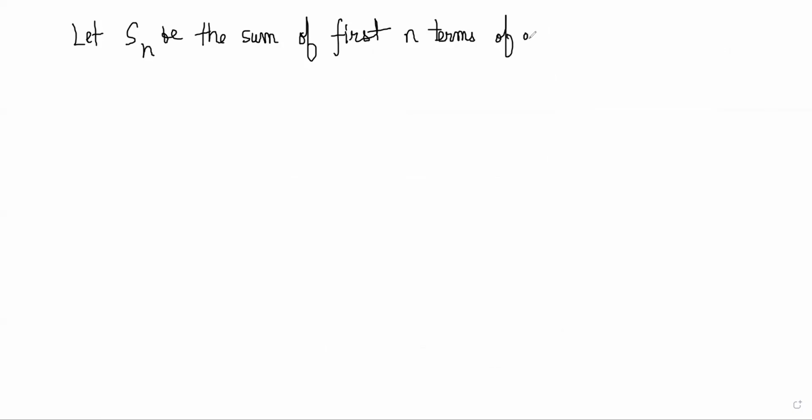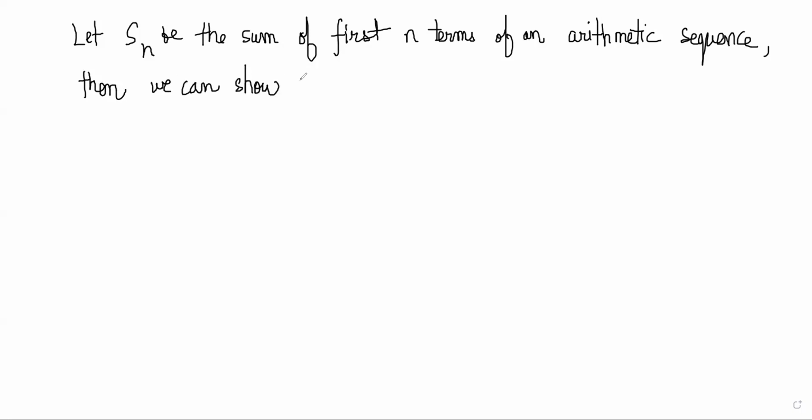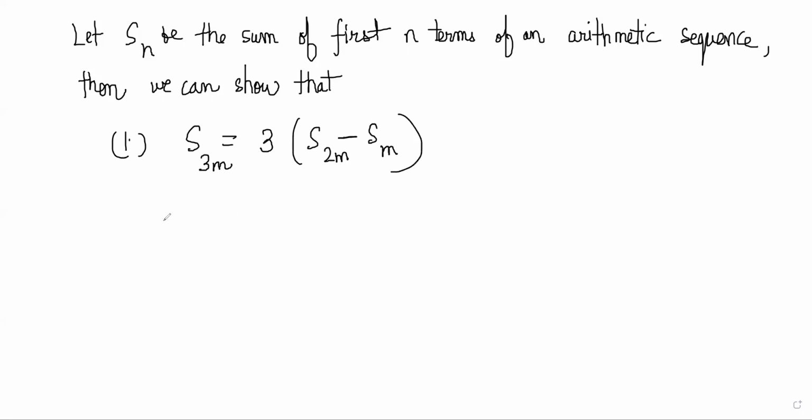Let Sn be the sum of first n terms of an arithmetic sequence. Then we can show the following. First of all, you can say S of 3m is equal to 3 times S of 2m minus S of m.